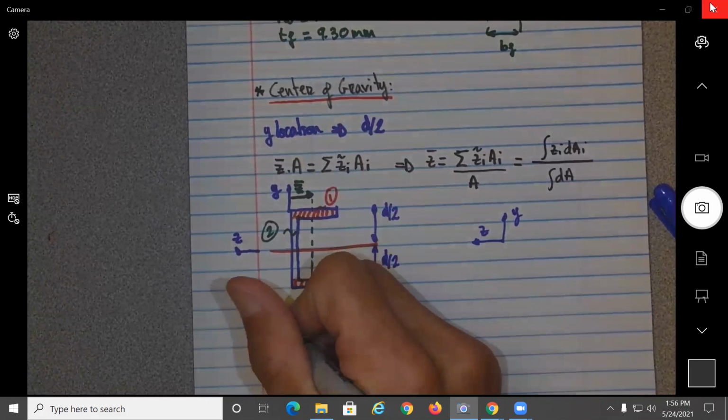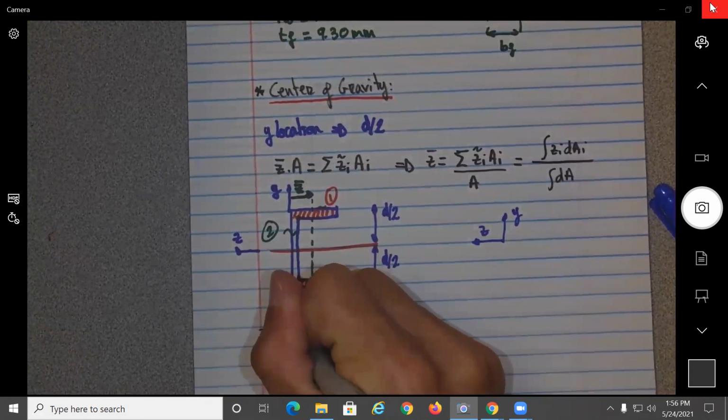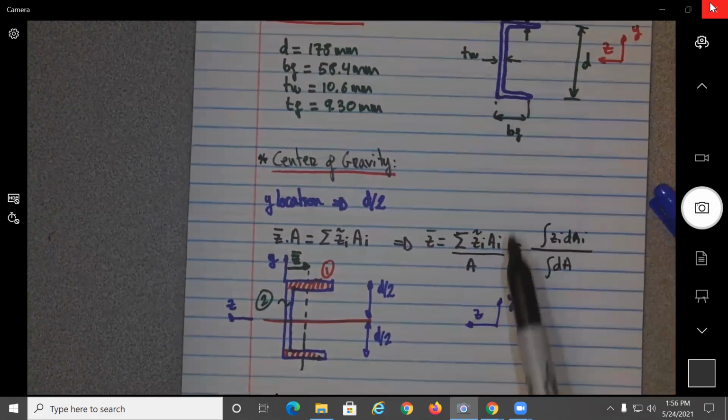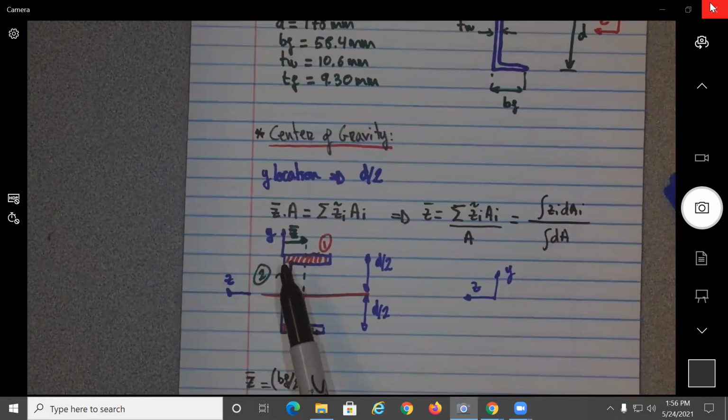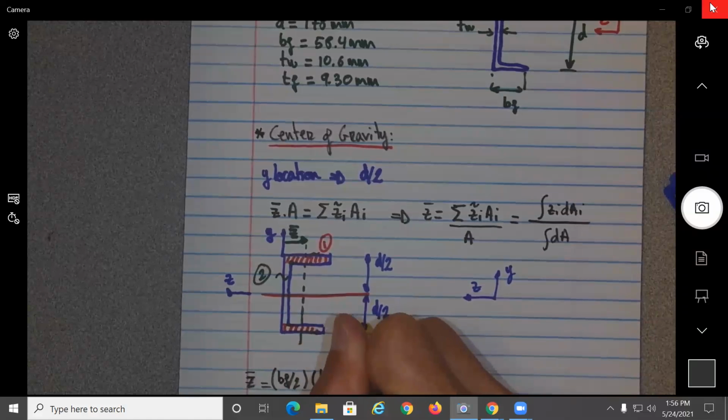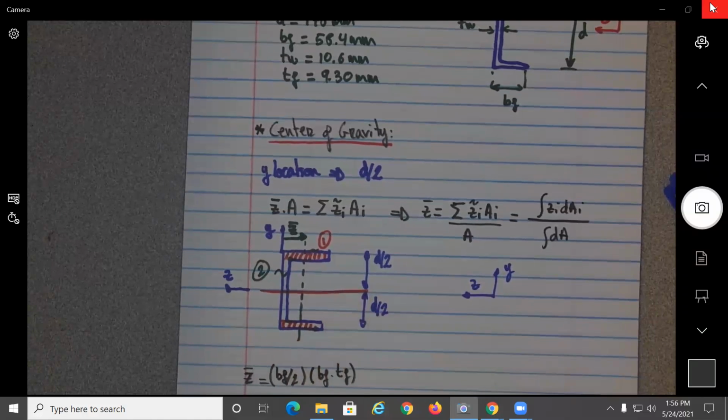So this will be B flange divided by 2 times the area of the flange, which is what? B flange times the thickness of the flange.